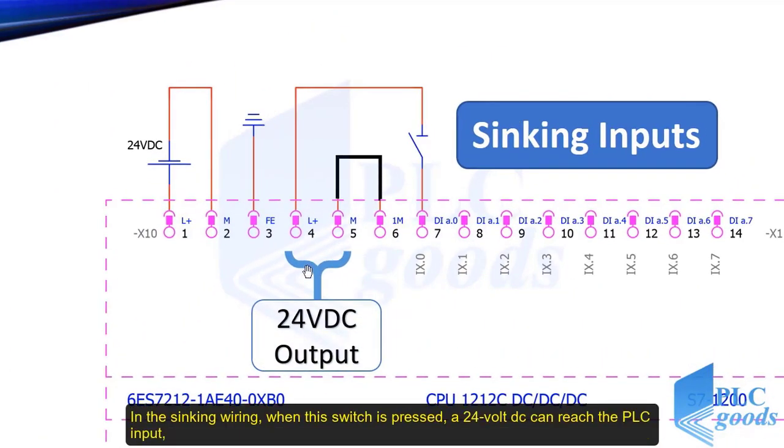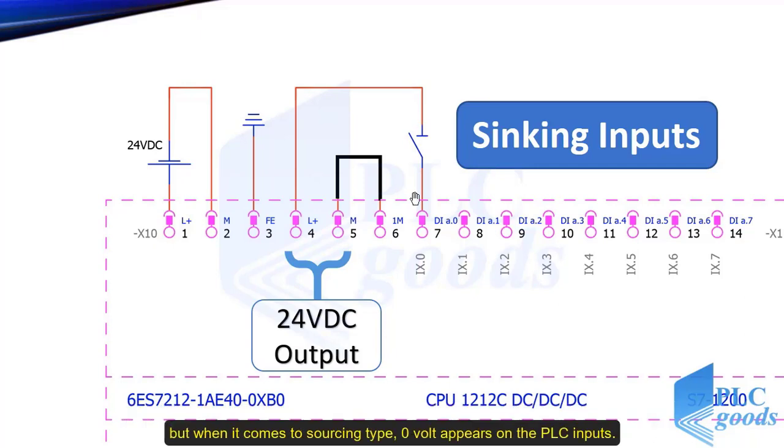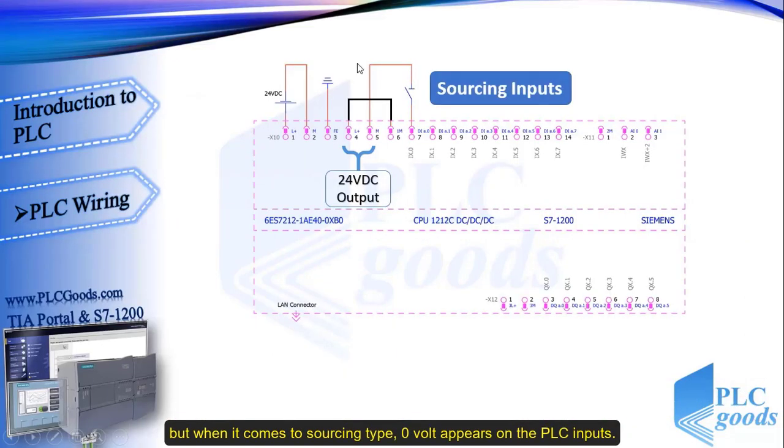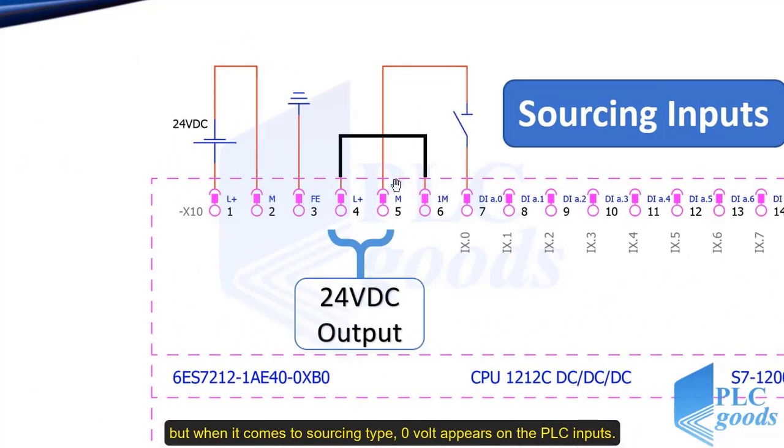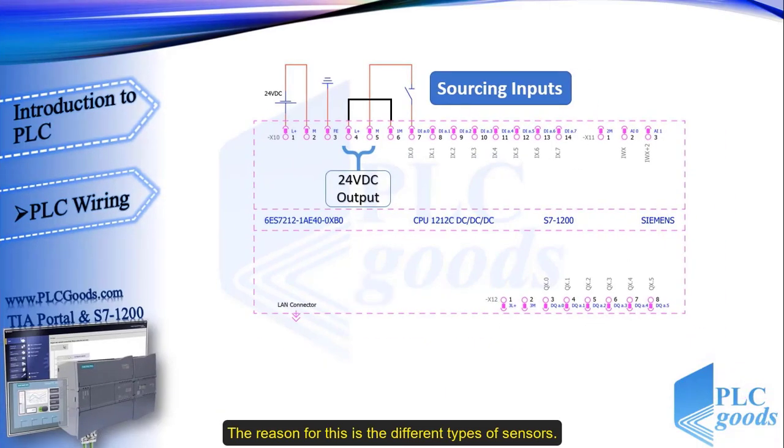In the sinking wiring, when this switch is pressed, a 24 VDC can reach the PLC input, but when it comes to sourcing type, 0 volt appears on the PLC inputs. The reason for this is the different type of sensors.